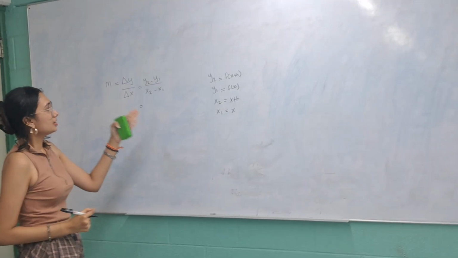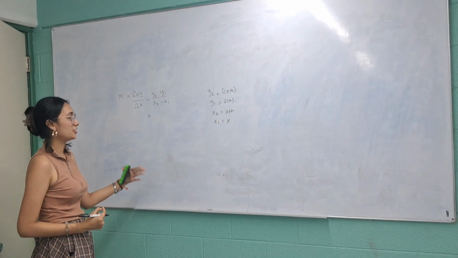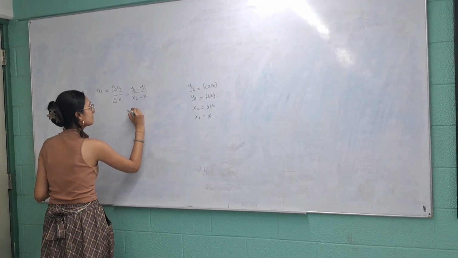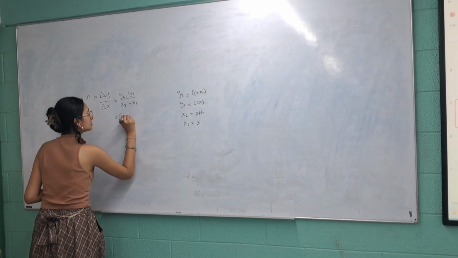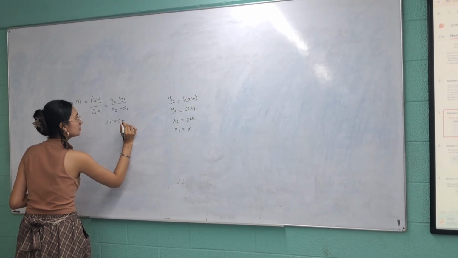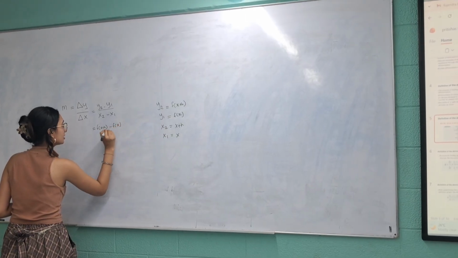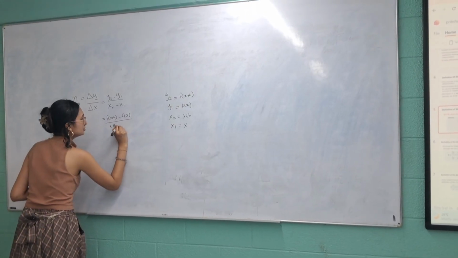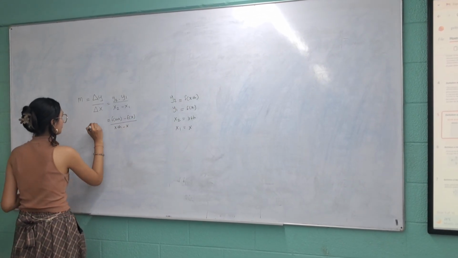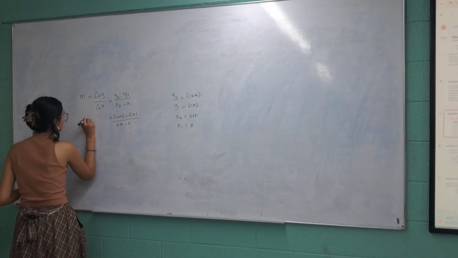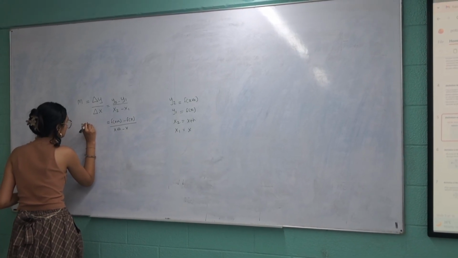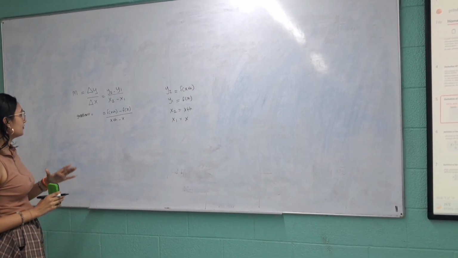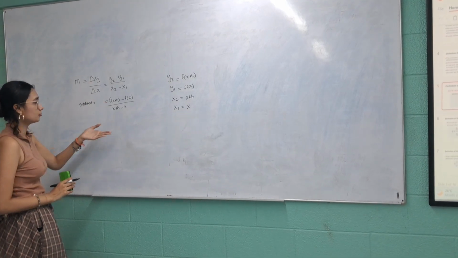After noting down the values for y2, y1, x2 and x1, we will substitute the values into the formula. So after substituting the values, this is what the formula looks like.